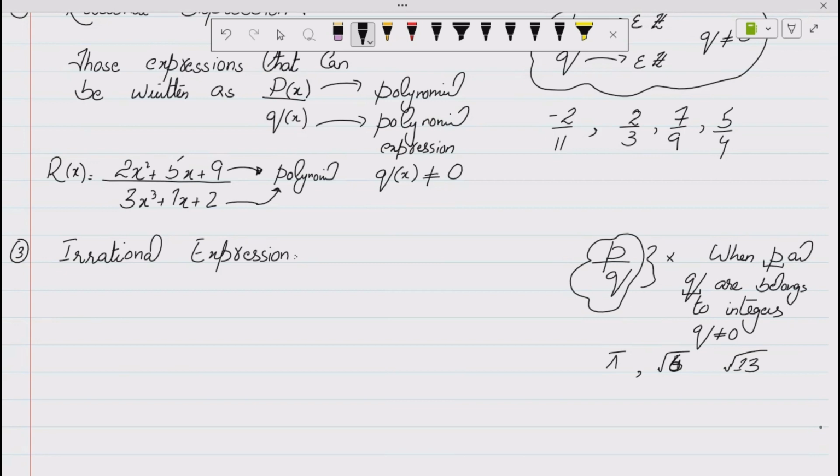Likewise, let's see what an irrational expression is. The definition is the same as for irrational numbers.